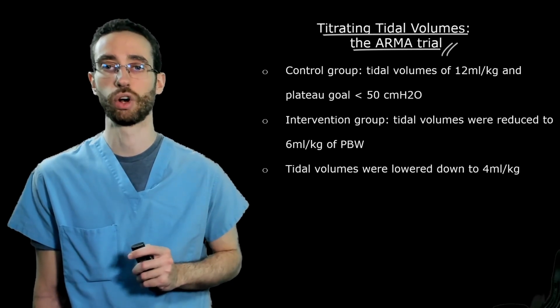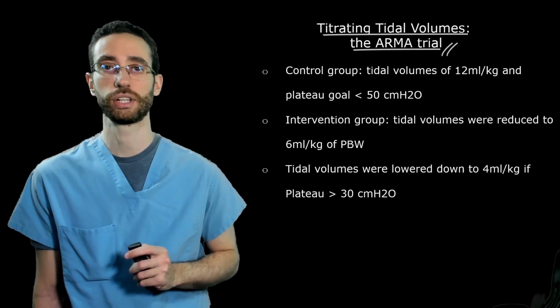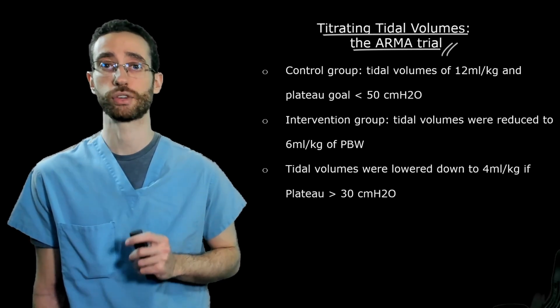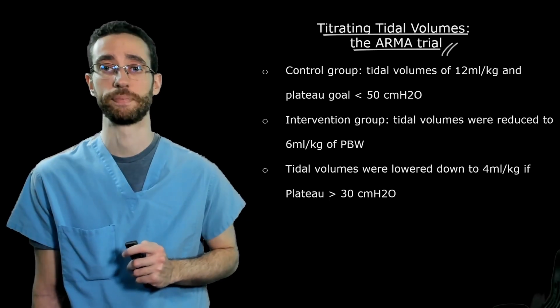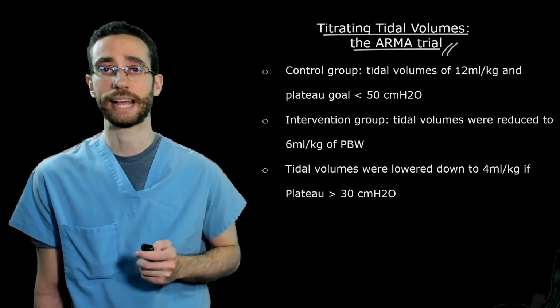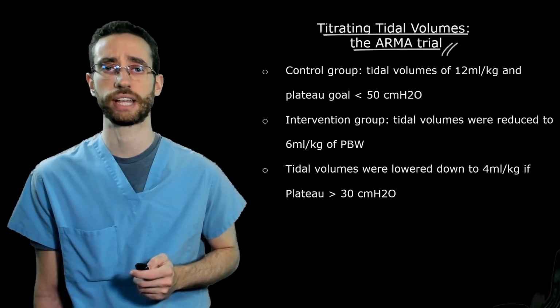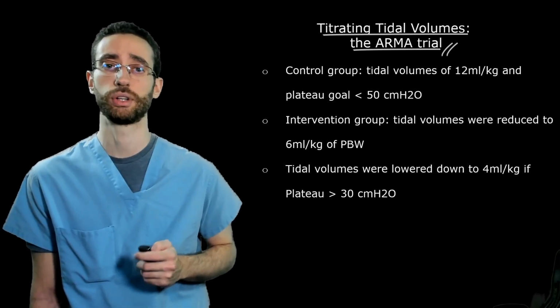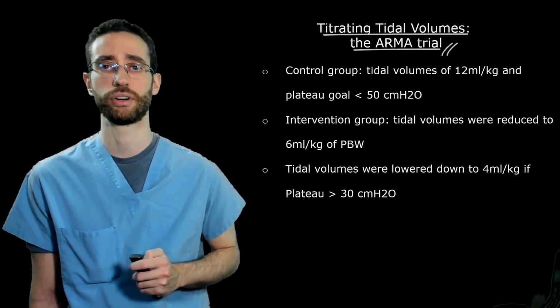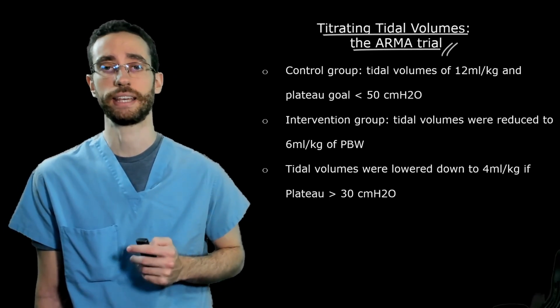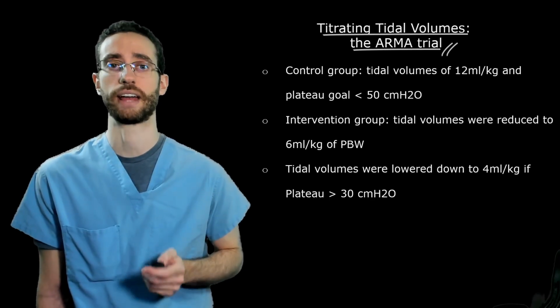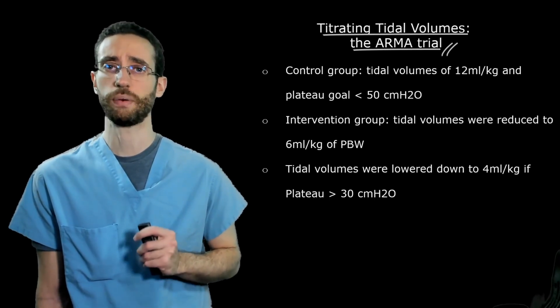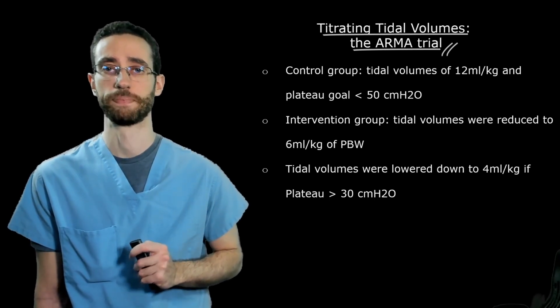Tidal volumes were lowered from 6 mL per kilogram for plateau pressures greater than 30 centimeters of water. Remember, the plateau pressure is our surrogate for end inspiratory alveolar pressures, a key driver of overdistension. If the plateau was elevated, tidal volumes were reduced all the way down to 4 mL per kg.